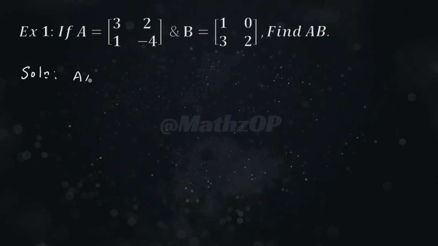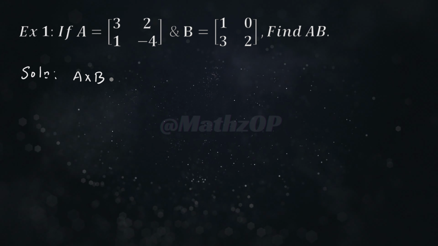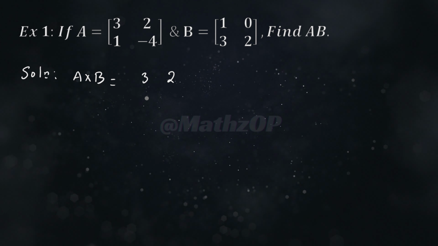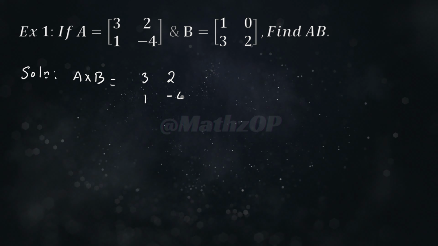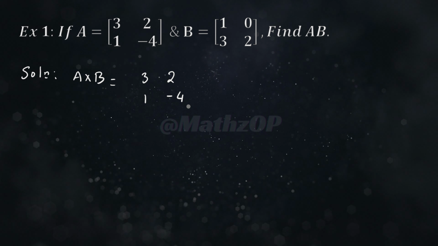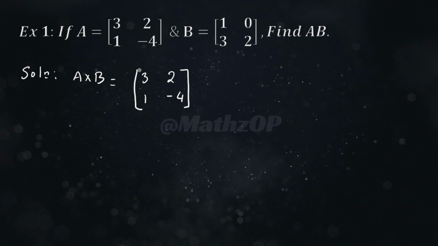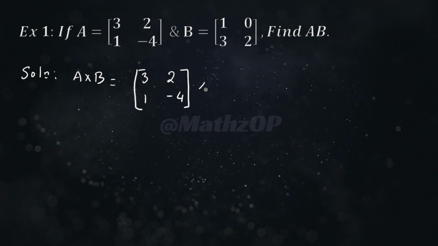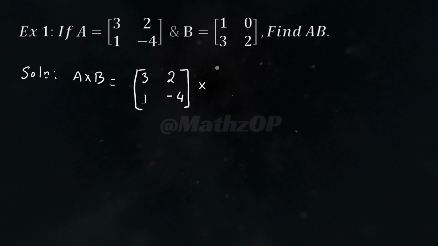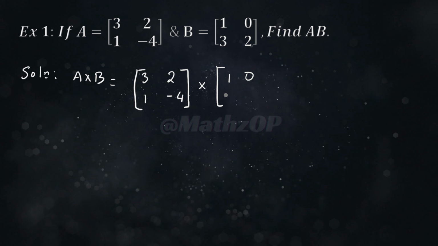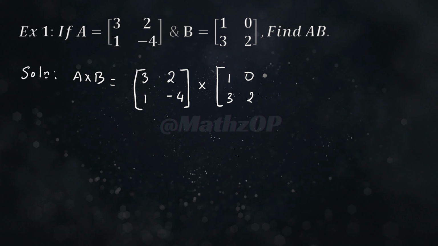A into B is equal to [3, 2; 1, minus 4] into, I'll write the B matrix here, [1, 0; 3, 2].